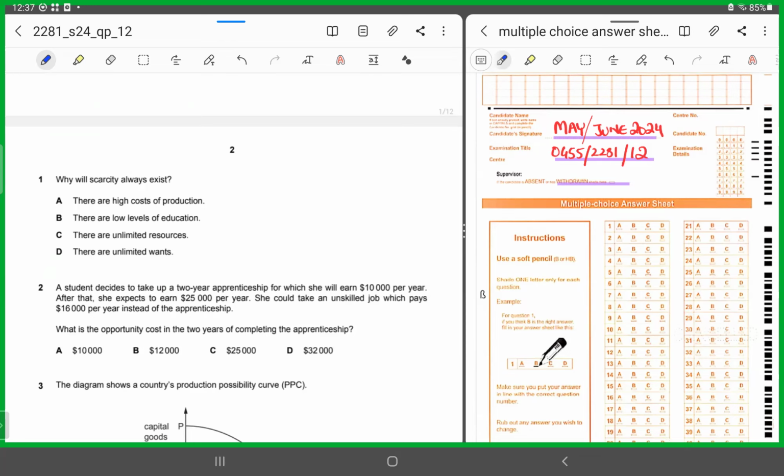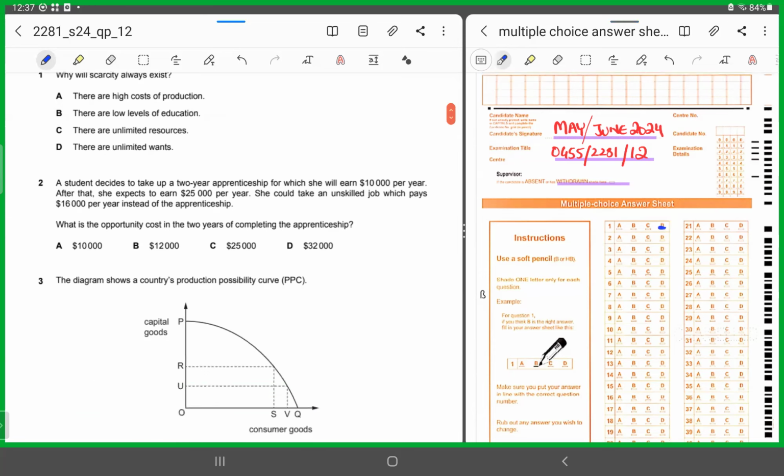So, keeping the definition in mind, let's look at the options. A says there are high costs of production, B says there are low levels of education, C says there are unlimited resources, and D says there are unlimited wants. Yes, so the correct answer, as we all know, is D. Easy? Number one is D. We all know there are unlimited wants and the resources are limited.